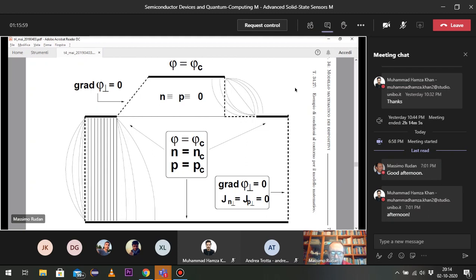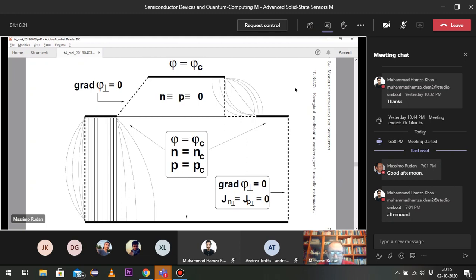So the value of the electric potential at the contact is prescribed. And this is a good boundary condition because the electric potential is the unknown of the equation and it is prescribed along the contacts, okay?